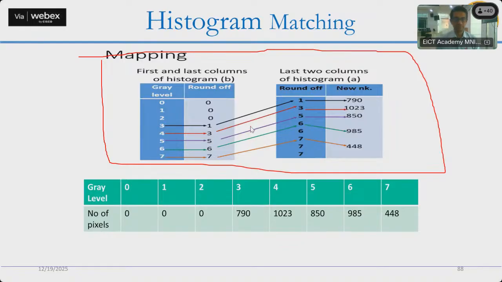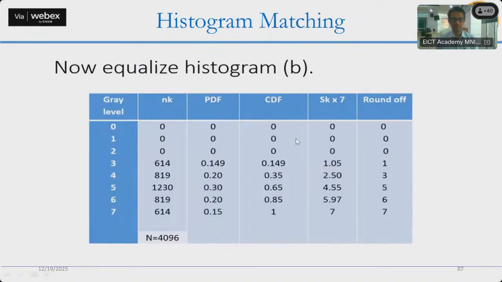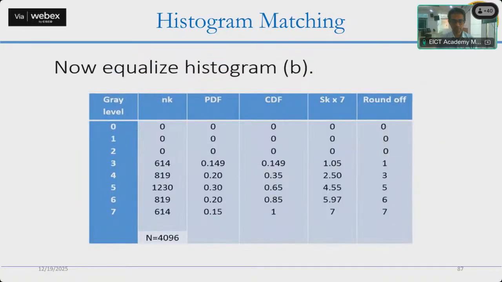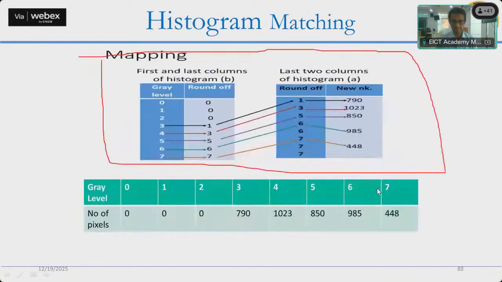So can we go back? Yes, we can go here. This is now equalized histogram B. Here this is round off, this value is 1381, and this value is 614. Here 1 has come to 790, and 3 has come to 102, in the last two columns.